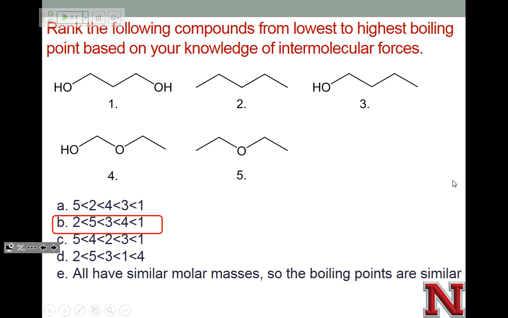And then between 4 and 3, those both have one alcohol, but 3 only has an alcohol in our groups. 4 has an alcohol and an ether, so that gives us more capability of hydrogen bond acceptors. So 3 is a slightly lower boiling point than 4. And then 1, of course, has the most hydrogen bonding capability, so 1 would be the highest boiling point. So this is not new, we've been doing this since last semester.